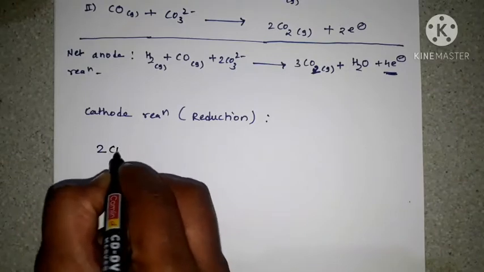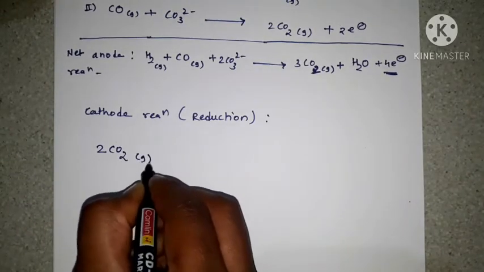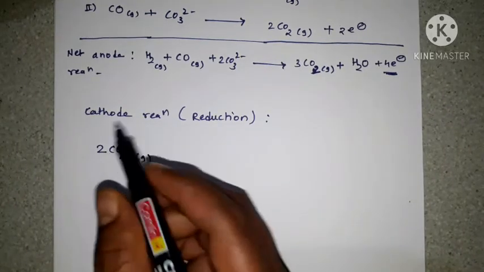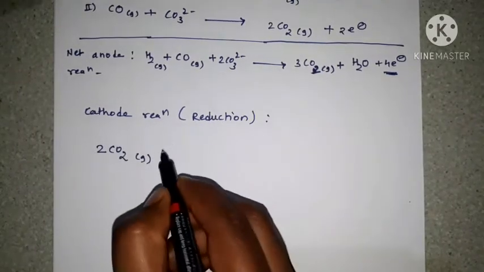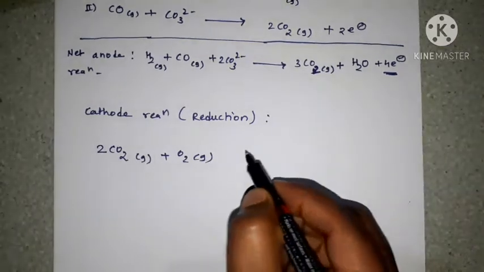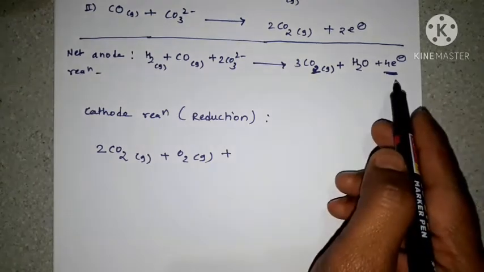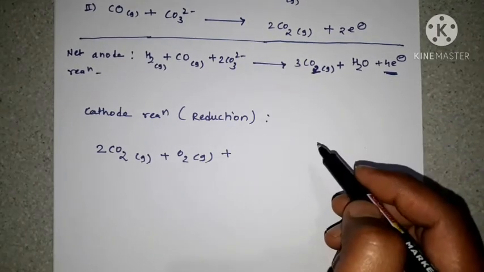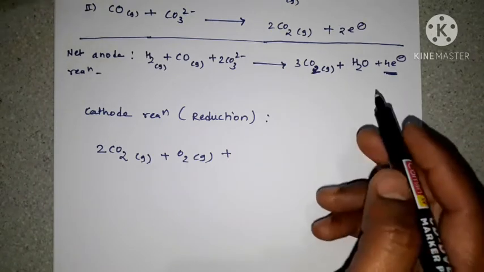As we know, carbon dioxide gas is also continuously passed on the cathode, as we already saw in the diagram, and oxygen gas is also continuously passed at the cathode. These 4 electrons migrate toward the cathode for the reduction process.